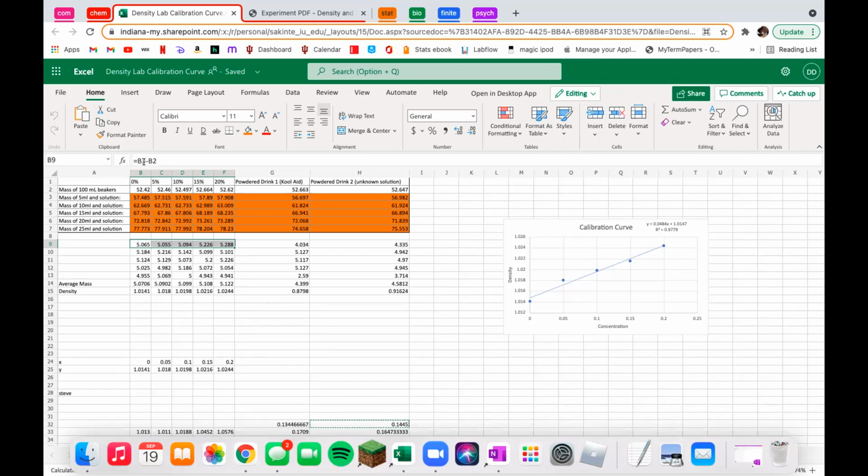But yeah, click on C9. C3 minus C2. So that's where it's wrong.